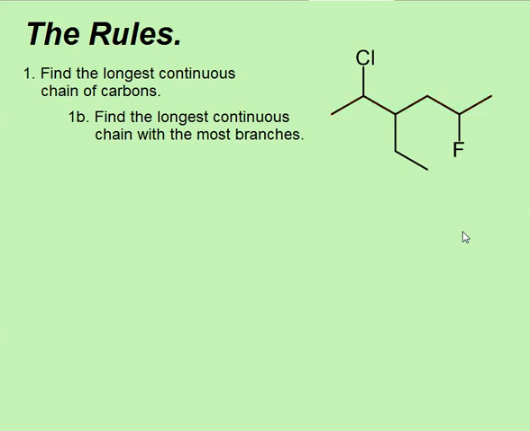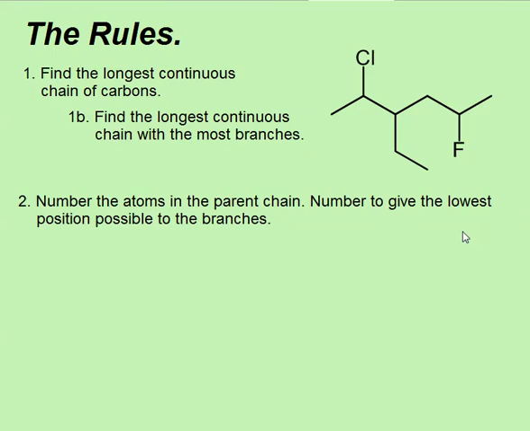We look at our second rule. That's that the number of atoms in the parent chain need to be counted, and they need to be numbered. They need to be numbered to give the lowest possible position to the first branch in the molecule.